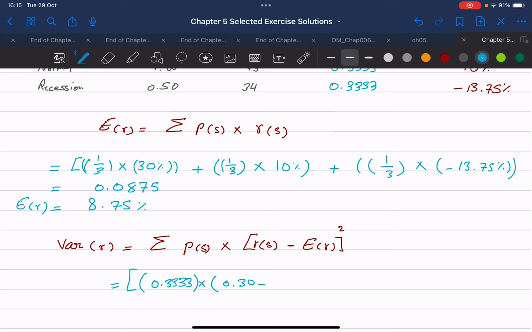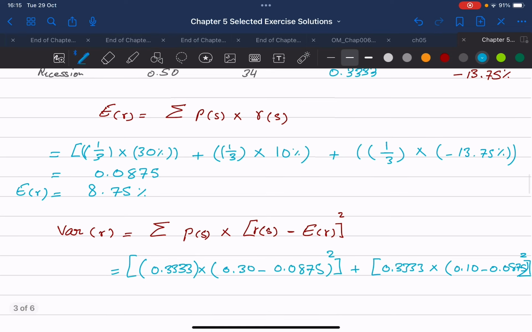So that's going to be 0.0875 to the power of 2, okay, plus the second term is going to be 0.3333, which is the probability, multiplied by 0.10 minus 0.0875, okay, to the power of 2.